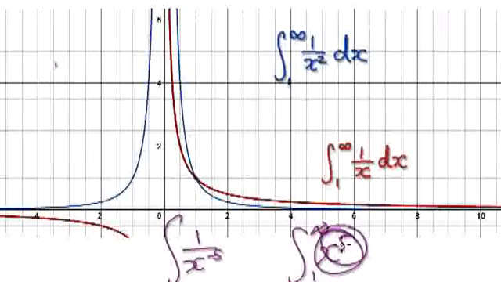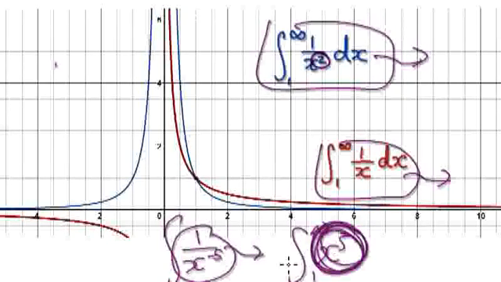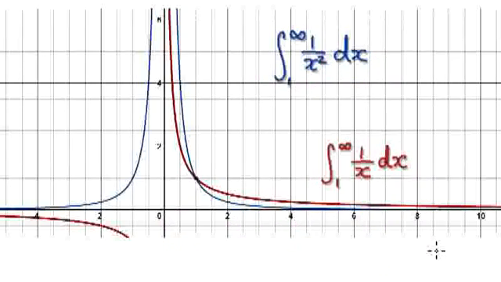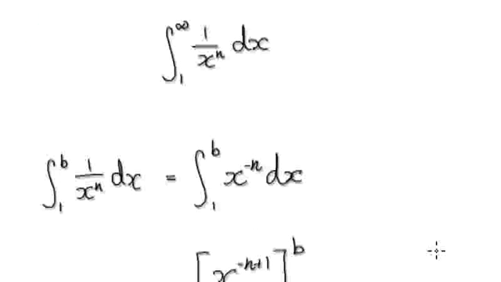But if you have 1 over x to the power of 2, then this will converge. So visualize this thing here. When it's negative 5, visualize it as this, and then you should have a hunch that it will diverge. Well, putting your hunch aside, let's just try and integrate it for the general case.